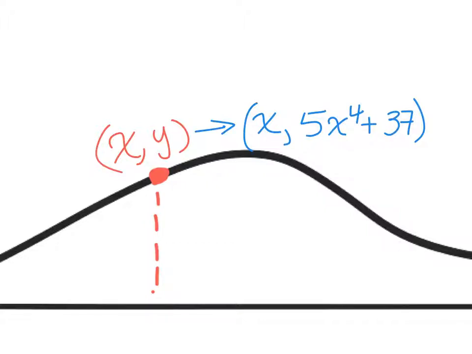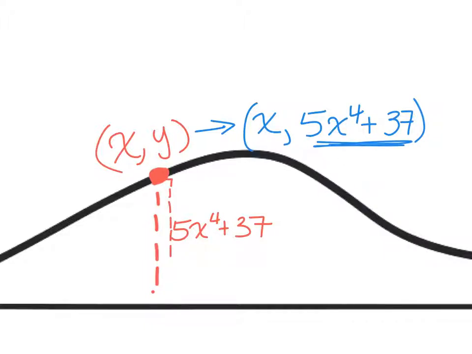So this is the y value here, the 5x to the fourth plus 37. That would actually be the height of the point. When you multiply it by dx, what you're doing is multiplying it by a dimension that represents a minuscule change in x.